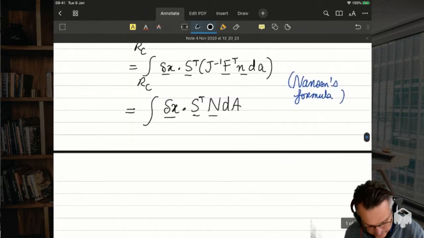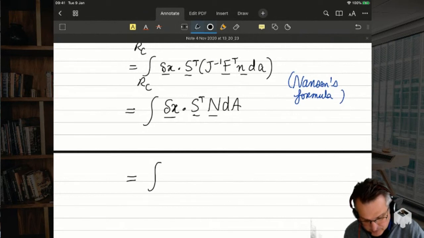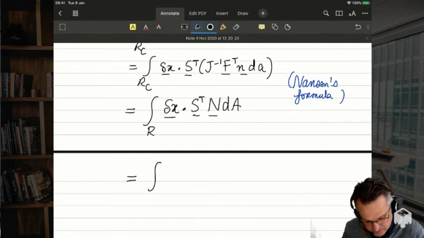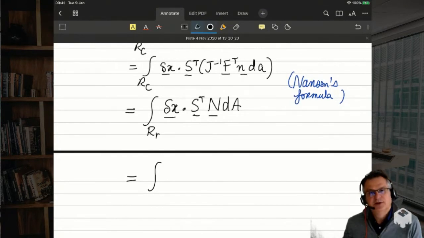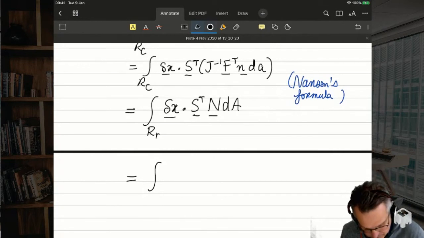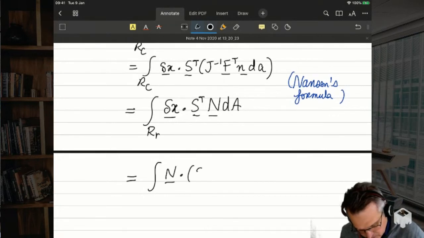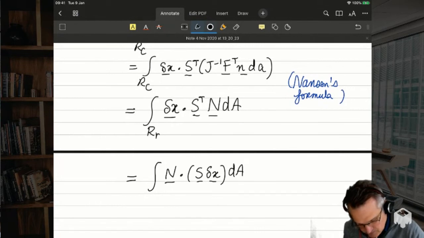And now I can do what I was doing earlier. Something I didn't specify here: now I'm integrating over surface element dA, capital A. So now, in fact, I'm integrating in the reference configuration. I've transformed my integral from an integral in the current configuration to an integral in the reference configuration using Nanson's formula. So now I can do what I was talking about earlier, n dot S delta x dA.